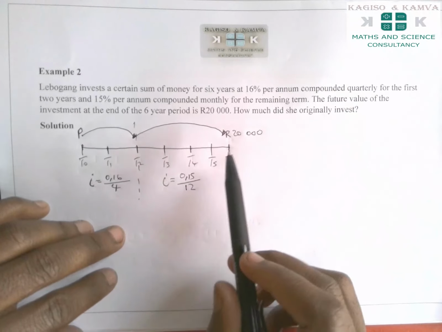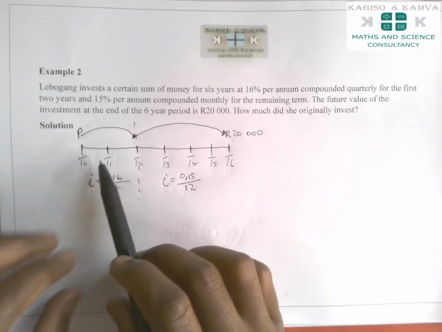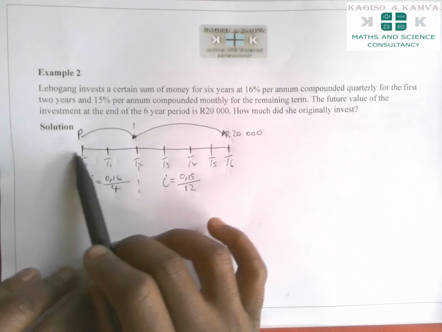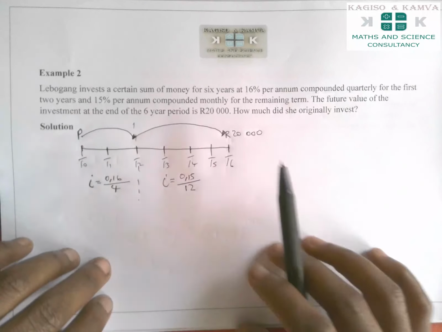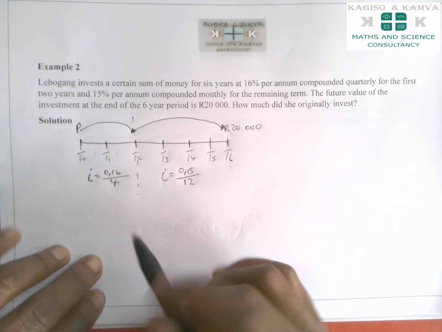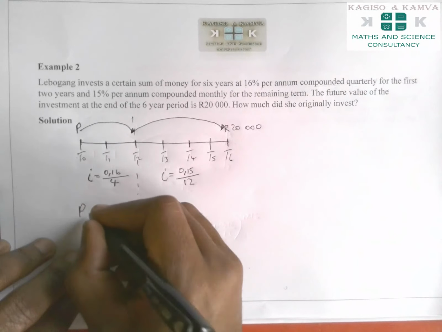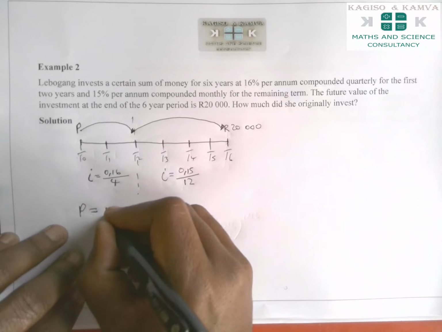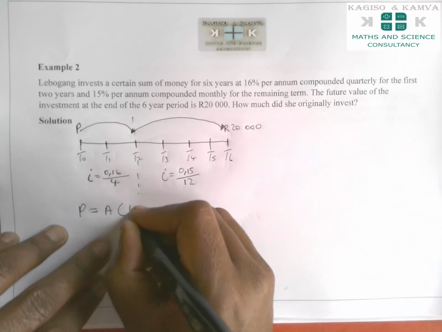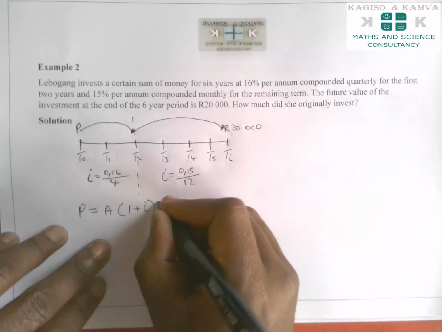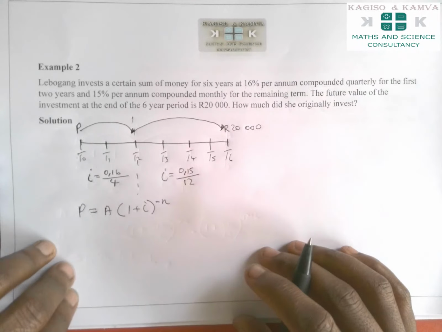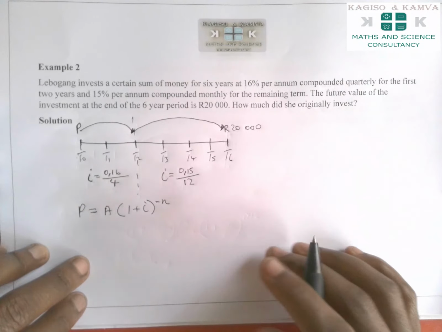Now we are not moving from left to right, we have to go back. We are looking for the present value there. We're going to use the formula for the present value, which is P equals the accumulated amount times 1 plus i to the exponent negative n.